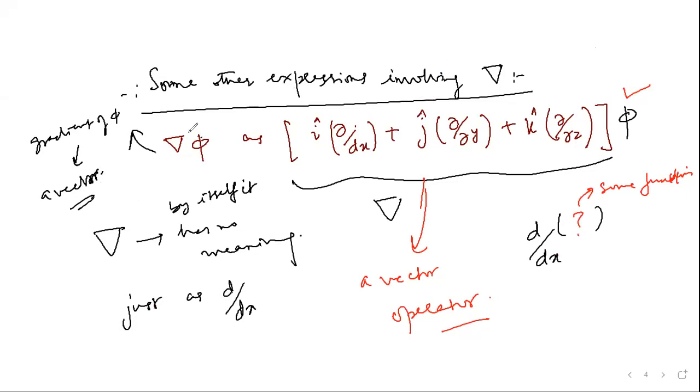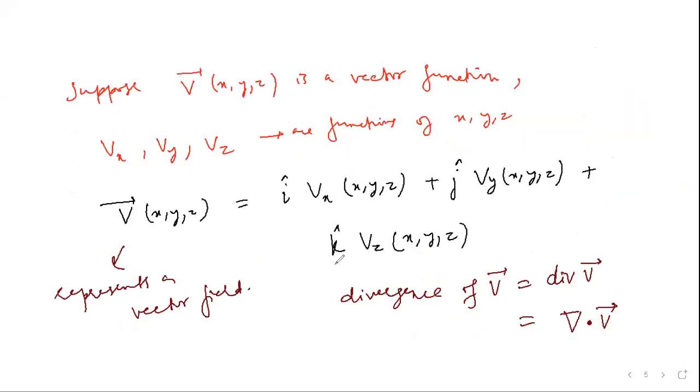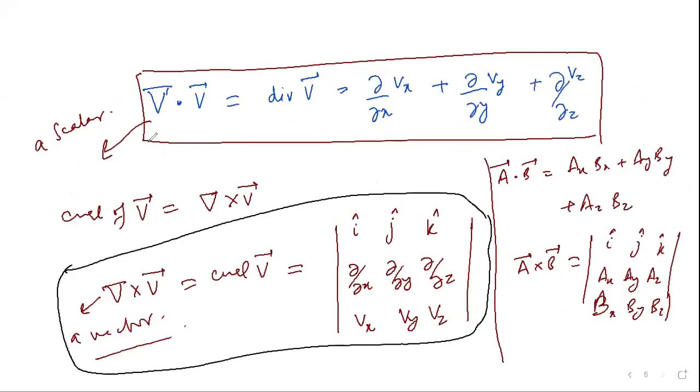Phi is a scalar field, and gradient of phi itself is a vector field. And when we talk of divergence and curl, we are considering a vector field V. Divergence of a vector field itself is a scalar defined by this equation. Curl of V defined by this equation is also a vector, and here also there is involvement of a vector field, right?